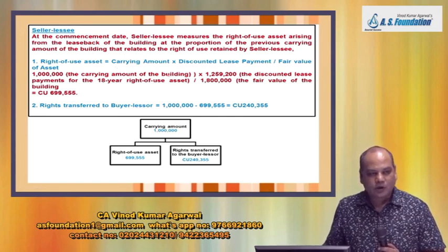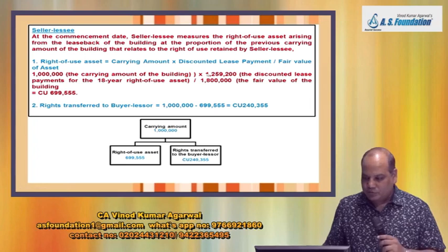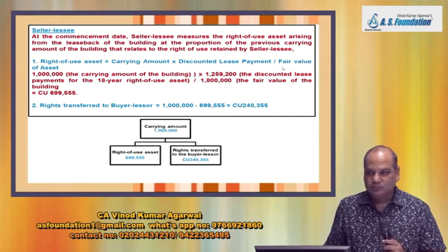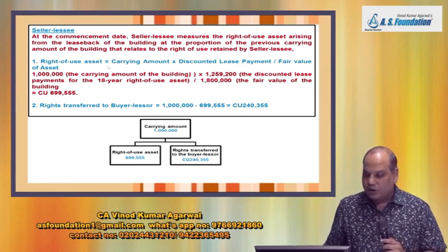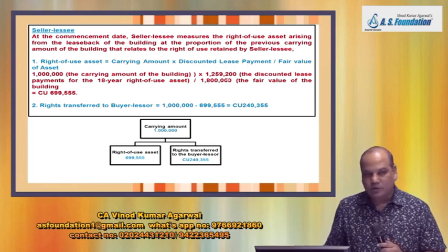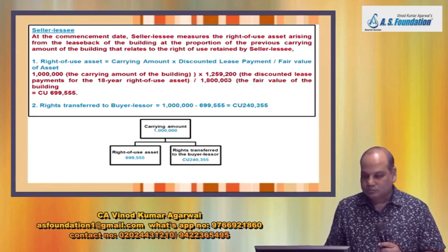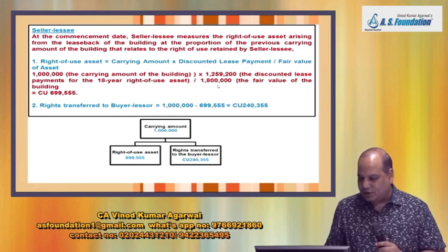So revise the formula again: carrying amount into discounted lease payment divided by fair value of the asset. My carrying amount is 10 lakh. The present value of the lease payment is 12,59,200. And the fair value of the asset is 18 lakh.